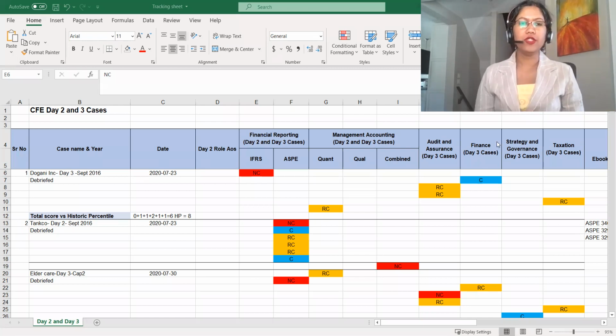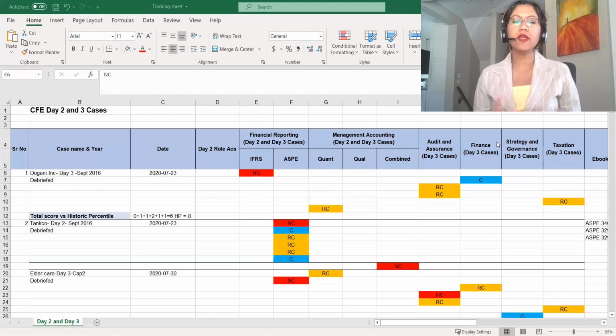So what we are going to discuss today is the tracking sheet. It is very important to track what you're doing and how you are performing in your cases currently. This is just an example of how you can track.